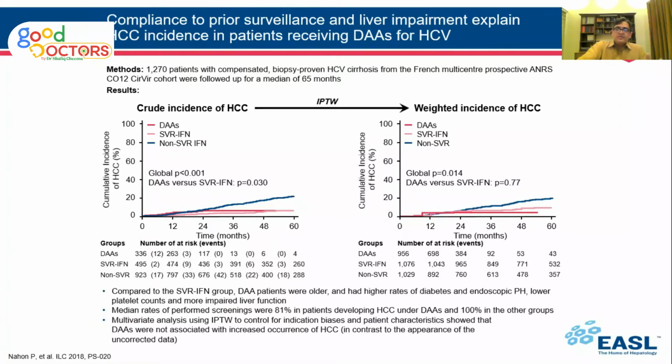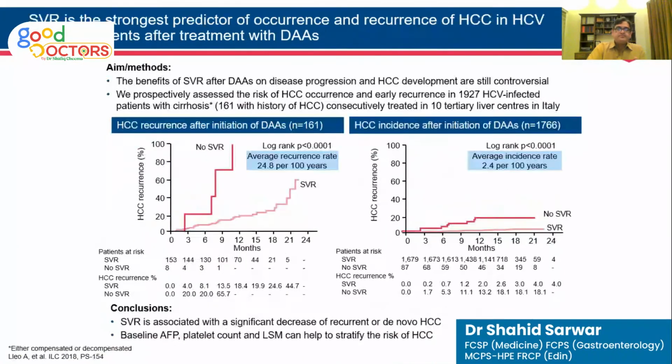That's why there were more patients of hepatocellular carcinoma. When you take out these confounding variables, the risk of HCC is the same in patients with SVR with interferon as it is in patients with SVR with directly acting antiviral drugs.